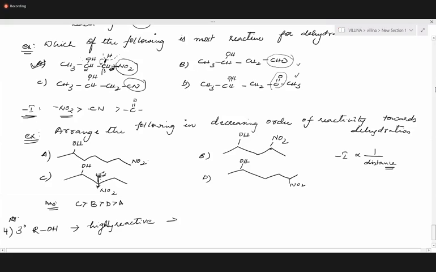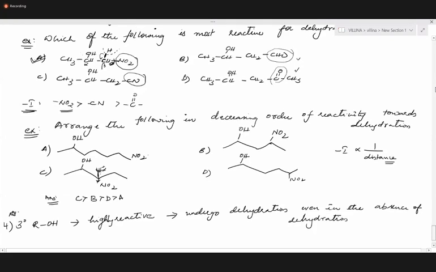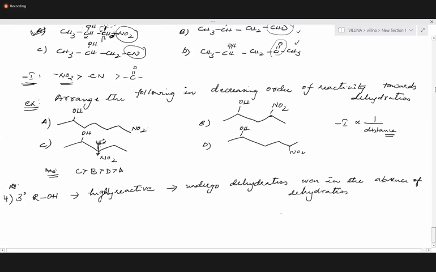So they can undergo dehydration, meaning removal of a water molecule, even in the absence of a dehydrating agent. Even at regular room temperatures, dehydration is possible when it comes to alcohols. But we will be using a catalyst like copper.